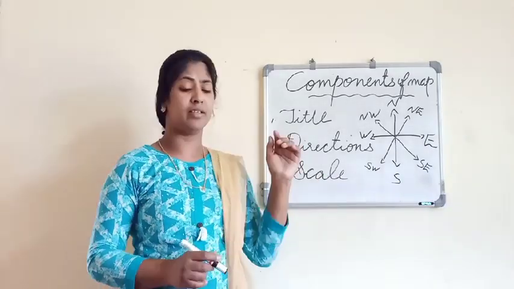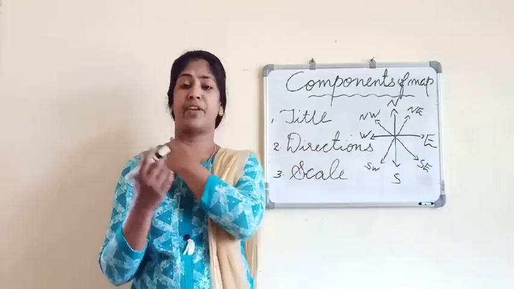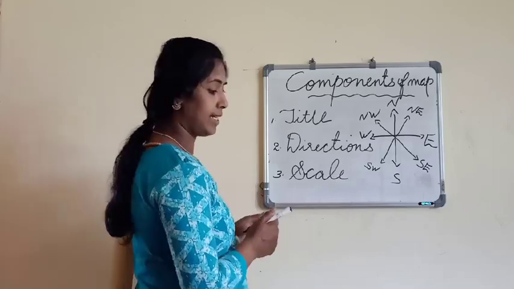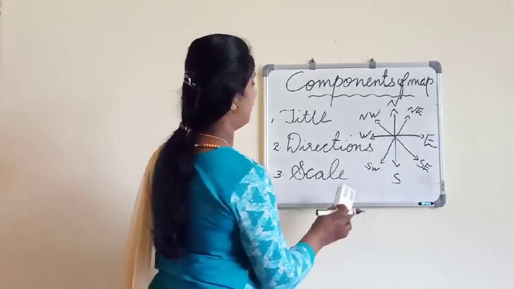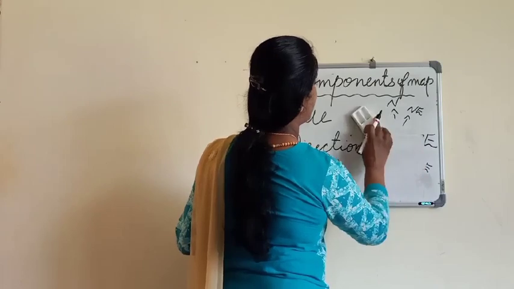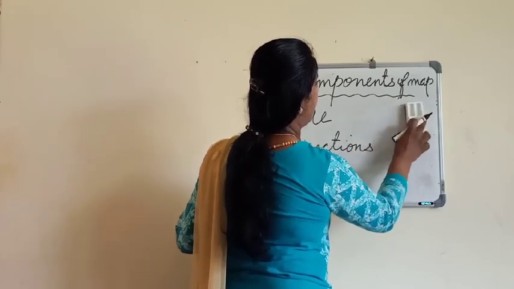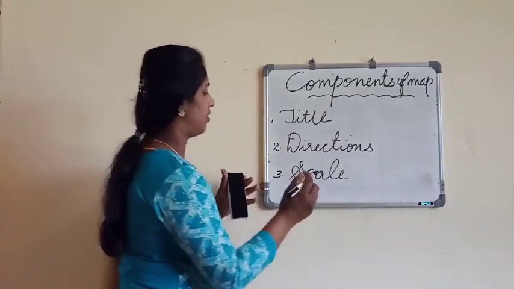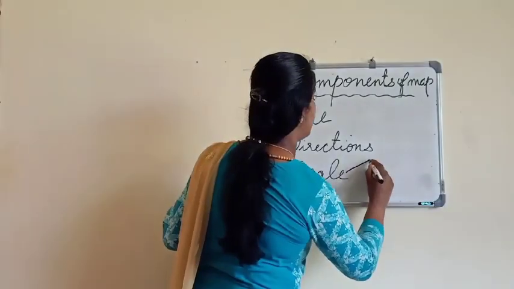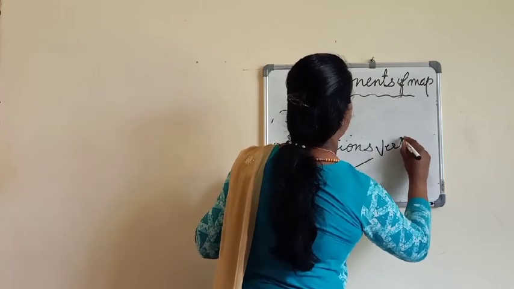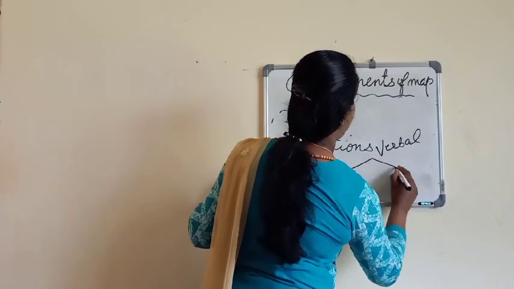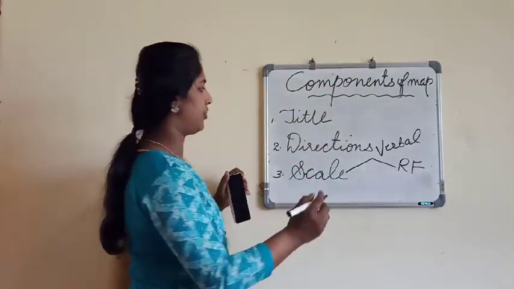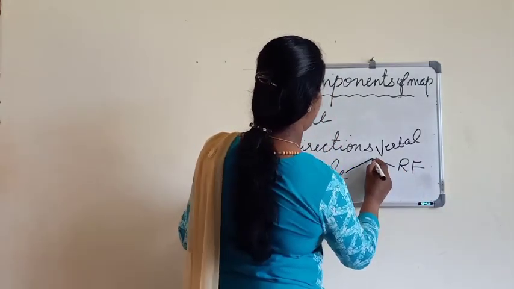So in the representative fraction method, the short form is RF. Under scale we have seen the first one is the verbal method, and the second one is RF, or representative fraction.